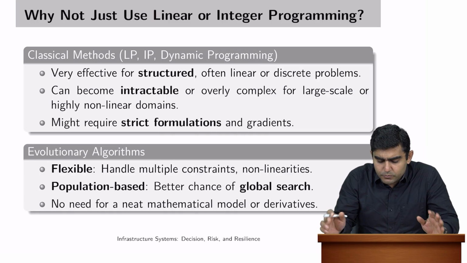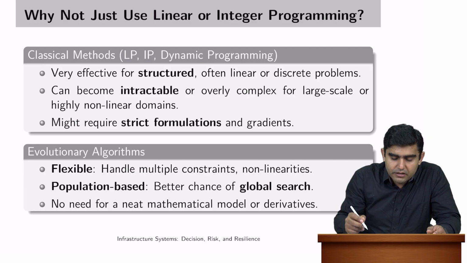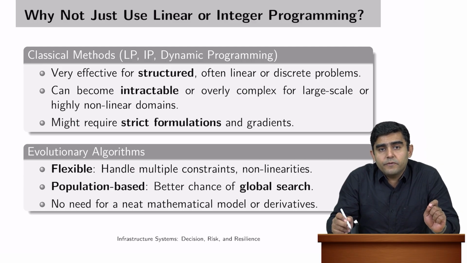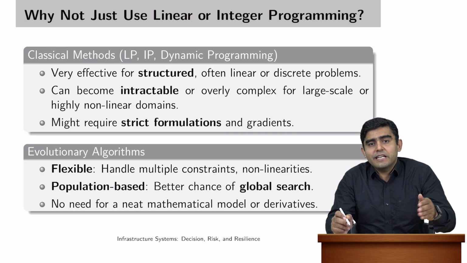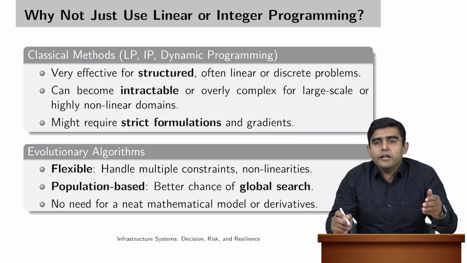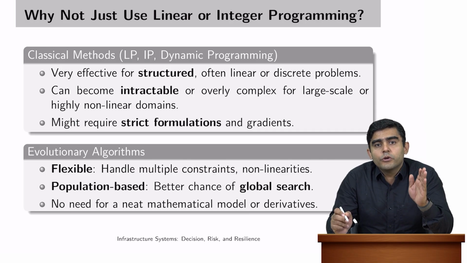So again, just to summarize, classical methods are also very good because they guarantee optimality. For example, if you express your objective function and constraints in a linear programming form, and you are going towards a feasible solution, it is guaranteed that whatever solution you get is a global optimal solution.